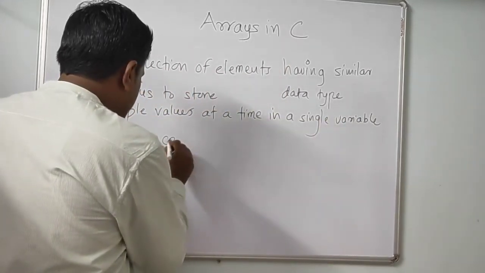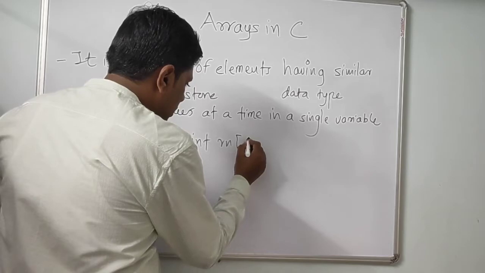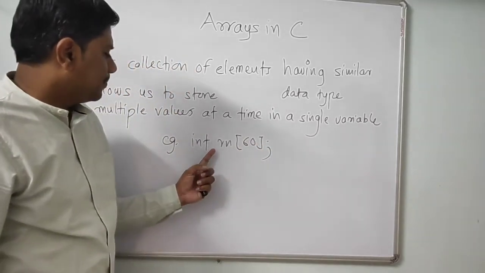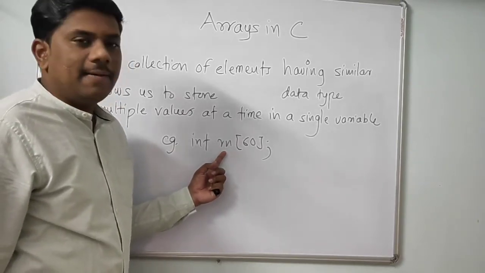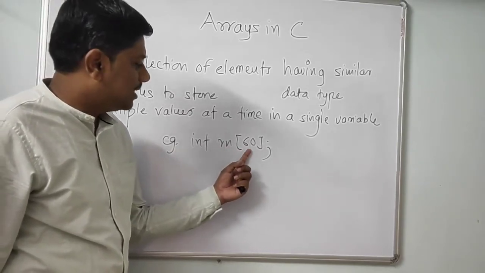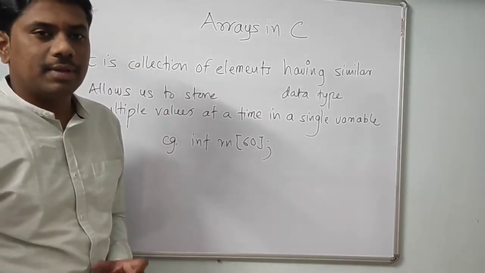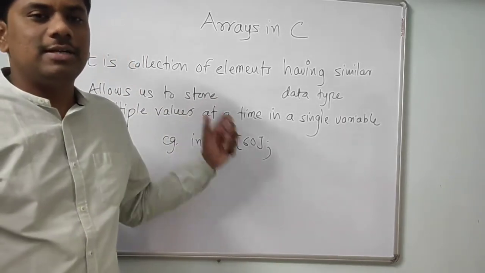Example: int, suppose roll number, I want to store 60 roll numbers. This array is the name of the array. So this array allows us to store 60 roll numbers at a time in this single variable. This is the facility of array.